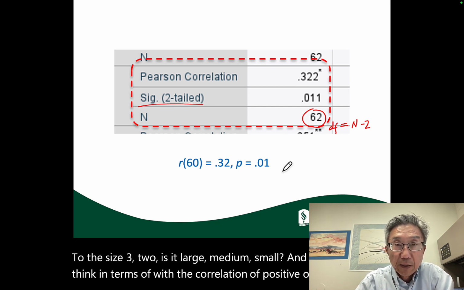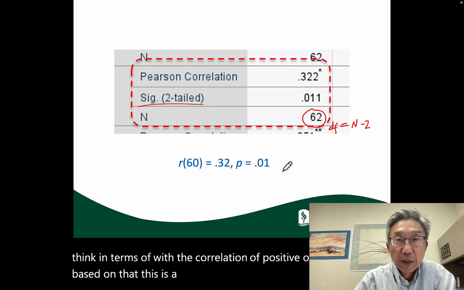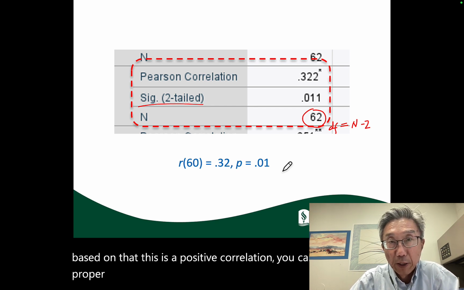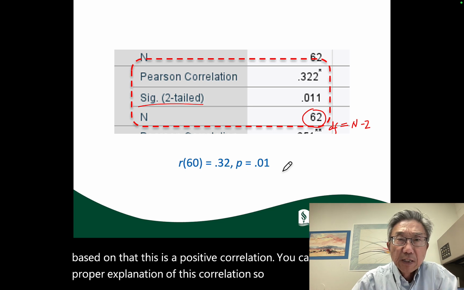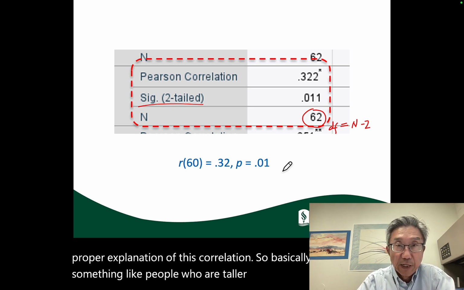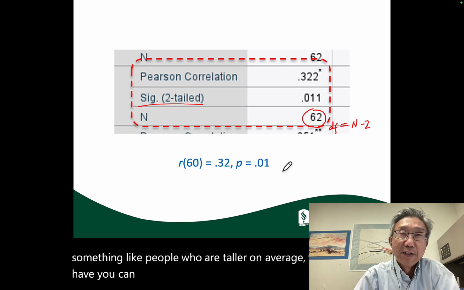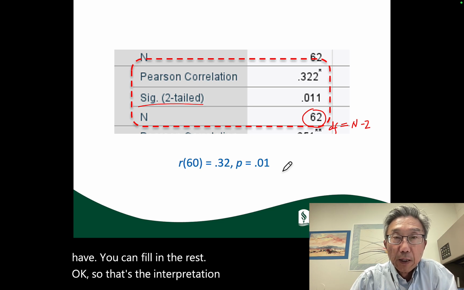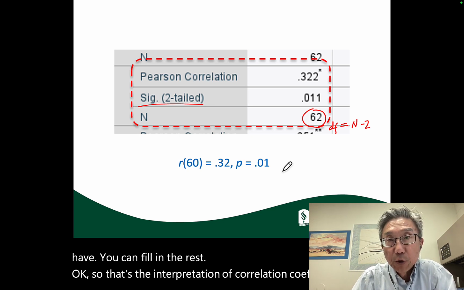Based on that, this is a positive correlation, and you can provide a proper explanation of it. So basically you would say something like, people who are taller, on average, tend to have, you can fill in the rest. Okay, so that's the interpretation of correlation coefficients, which is pretty straightforward.